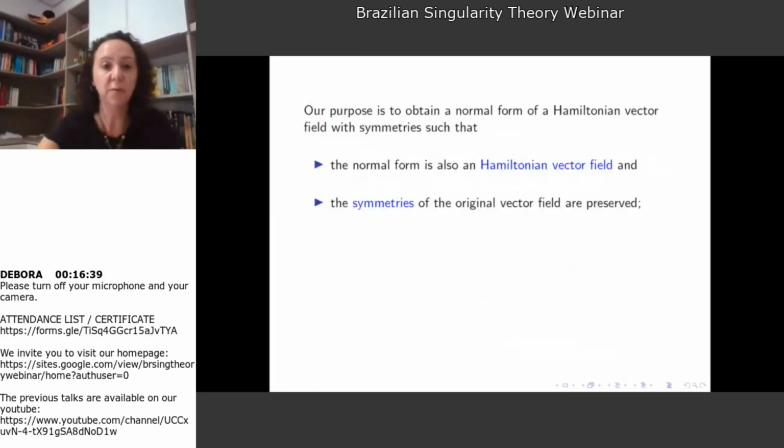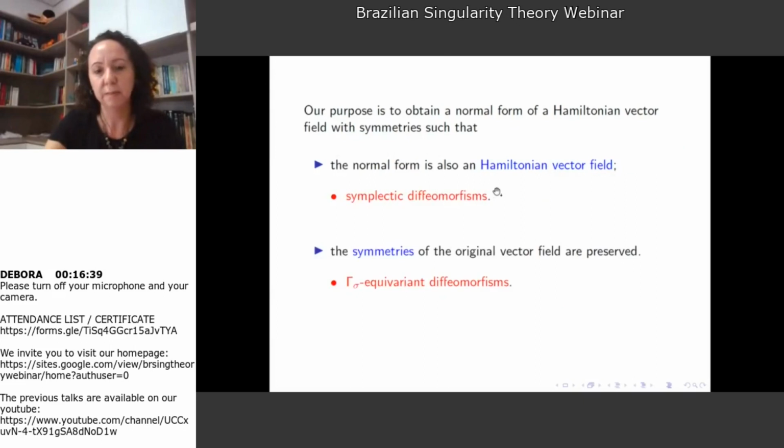So here I propose to obtain a normal form for Hamiltonian vector fields in which the normal form has the property that the vector field is Hamiltonian, and the symmetries of the original vector field are preserved. For this purpose, it is sufficient to consider symplectic diffeomorphisms.